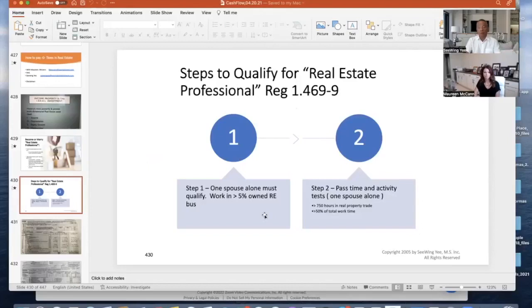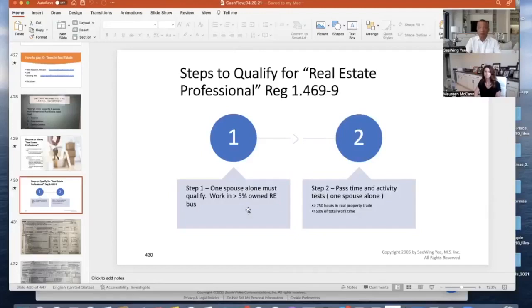If you're a single tax filer, you're not going to qualify for this rule. If you're married filing jointly, only one spouse needs to qualify as real estate professional, and you get unlimited tax write-off against the ordinary income of the high-earning working spouse.